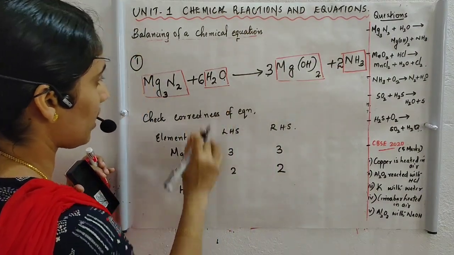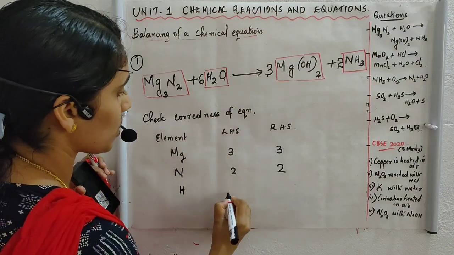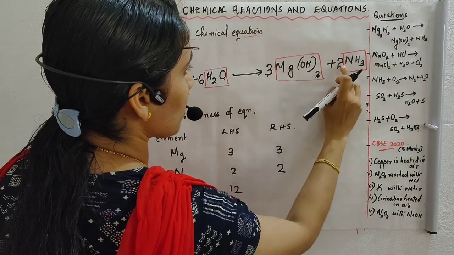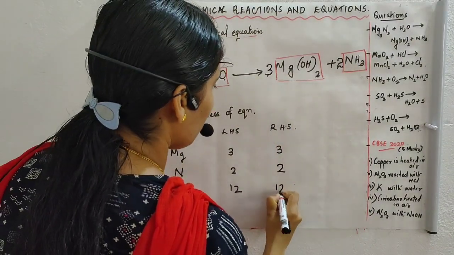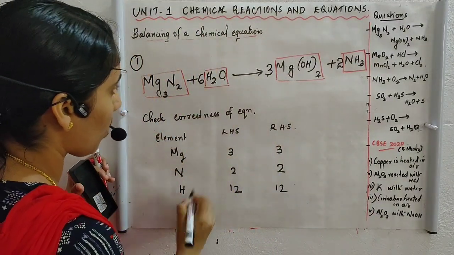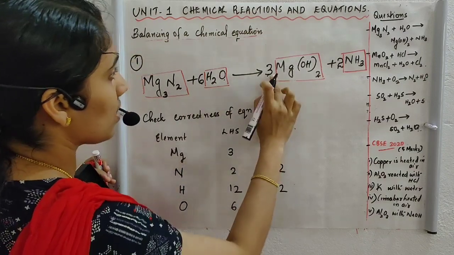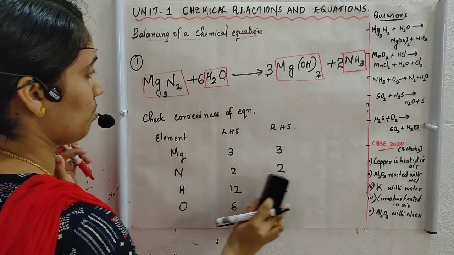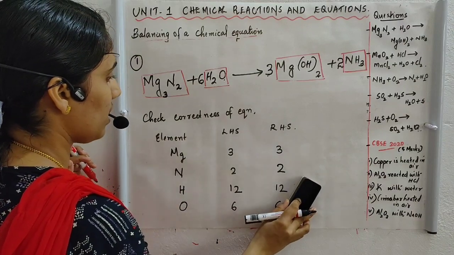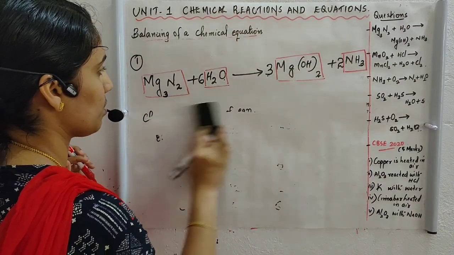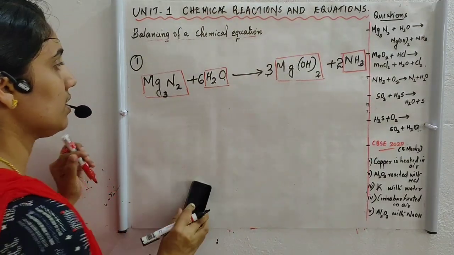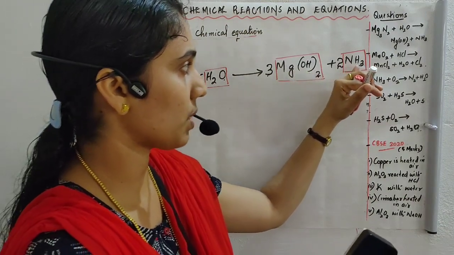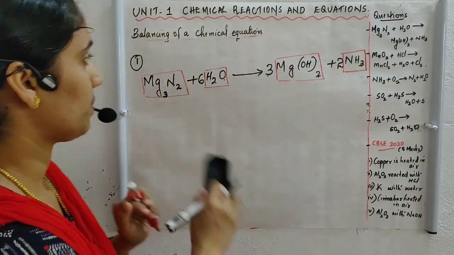Hydrogen 6 into 2 is 12, this side it is 3 into 2, that is 6, here also 6, that is 12. Oxygen here is 6, this side also 6. Now the equation is balanced. So our balanced equation is Mg3N2 plus 6H2O gives 3Mg(OH)2 plus 2NH3.